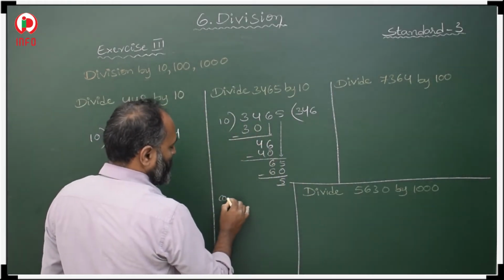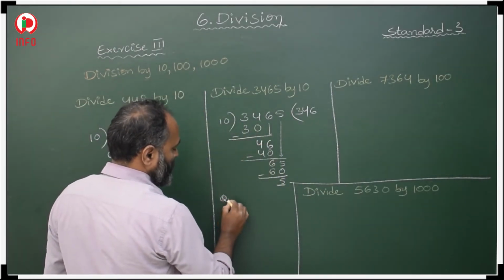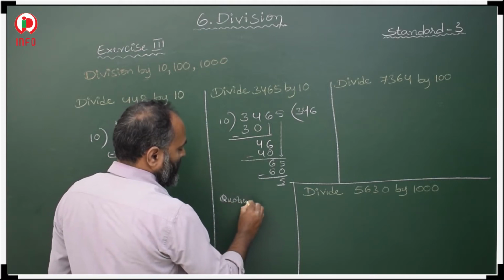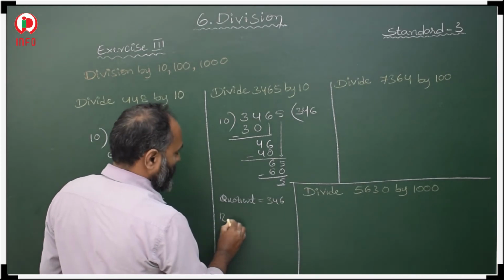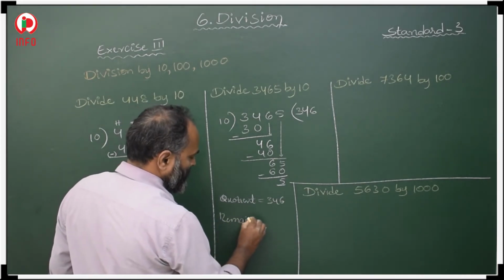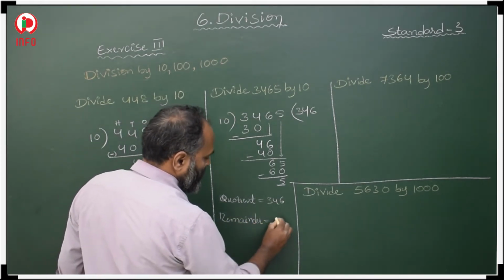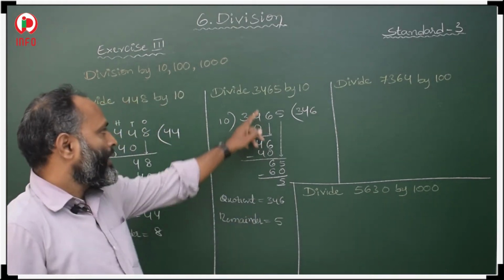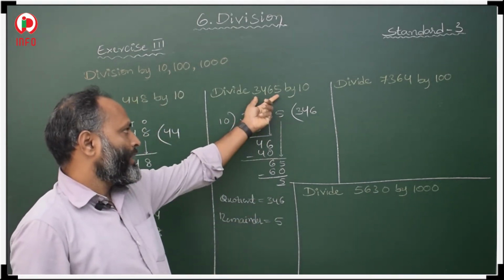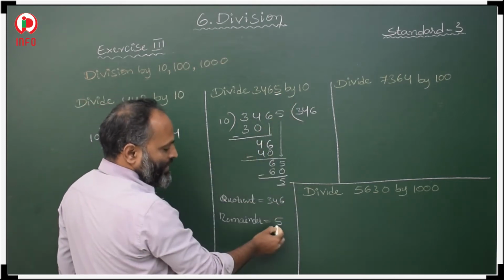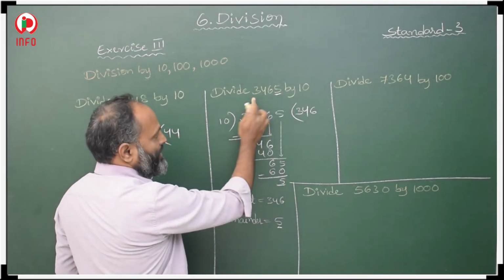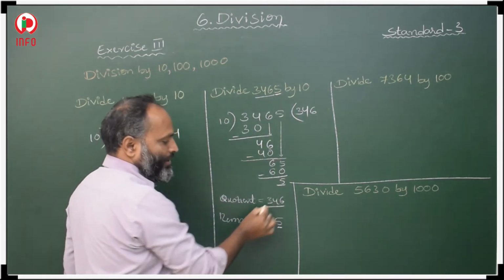So here your quotient is 346 and remainder is 5. In this 3465, the last digit is your remainder and the rest of the places are your quotient.